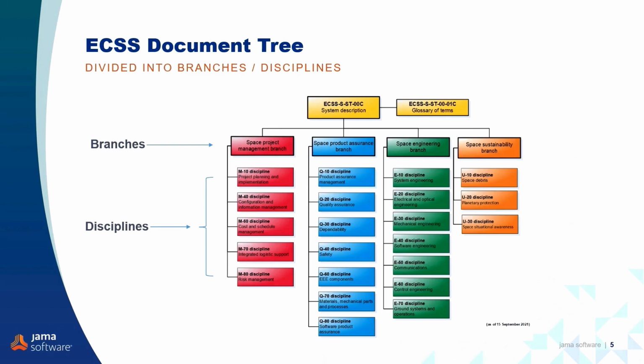You will find, for example, the different branches on the top level there. So for example, the Space Project Management branch or the Engineering branch. And below those branches, you will find a lot of disciplines detailed out per section. They are numbered in a specific way.